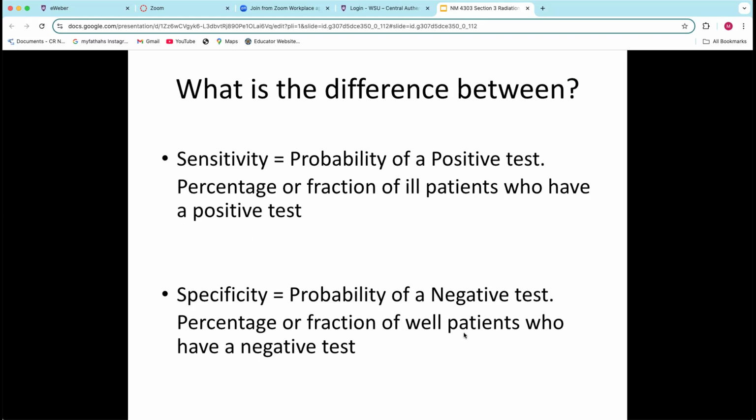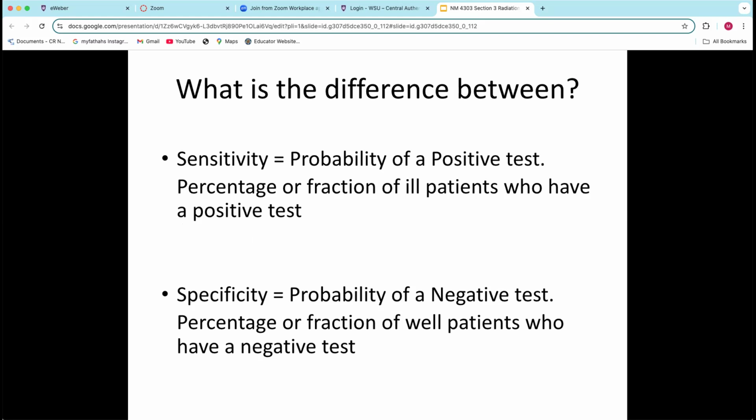And then the last thing, this is covered in the book, so I threw it on there. It's not necessarily related to statistics, at least the discussion we've had, but the book proposes the difference between sensitivity and specificity.